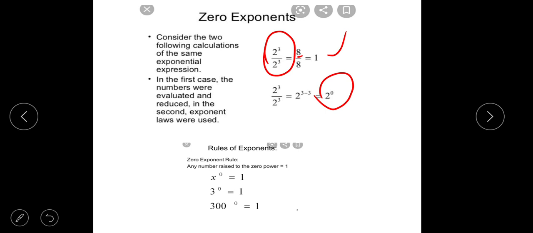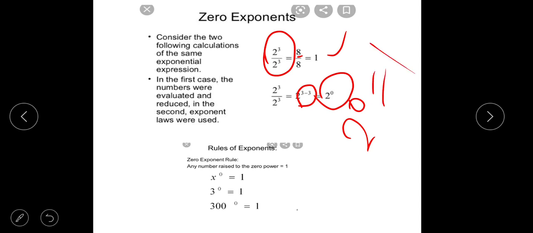What is the answer? 1. Second exponential law, 2 raised to 3 minus 3. What is the answer? 2 raised to 0. What does it mean? 2 raised to 0 means 1.